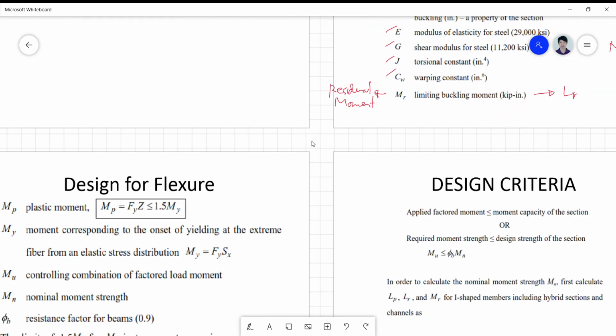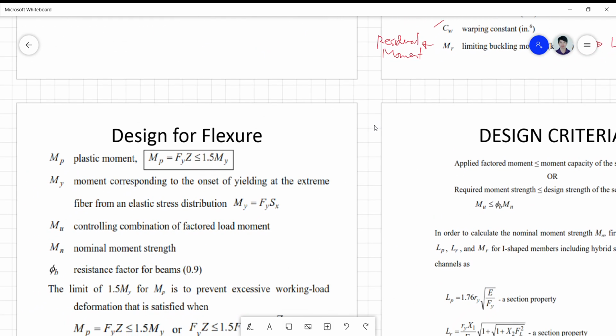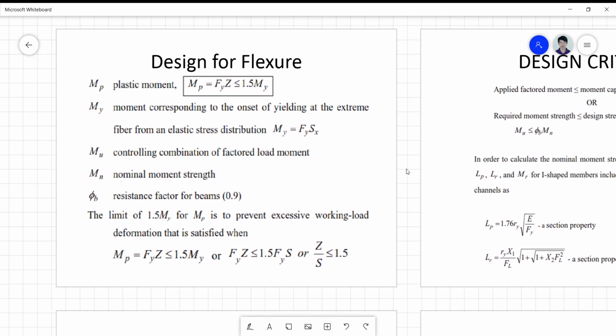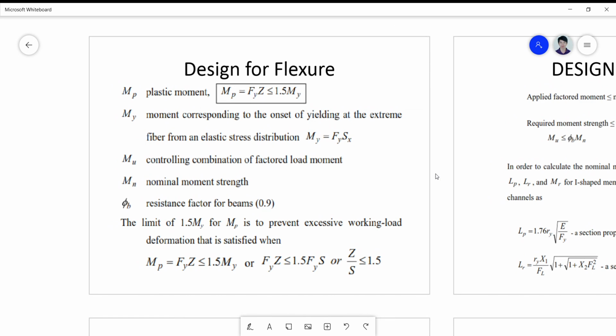So to be specific on the formula, we shall now define your moment values.